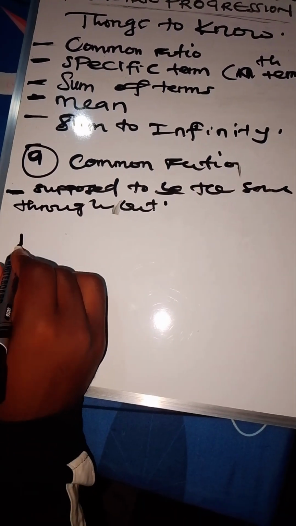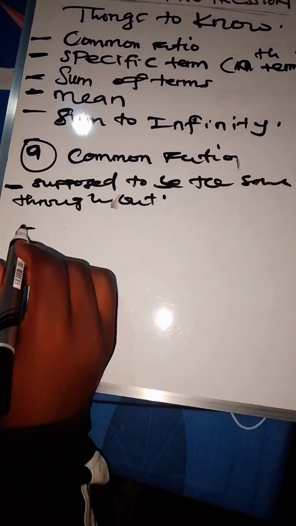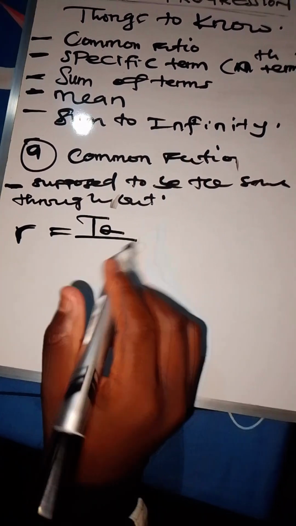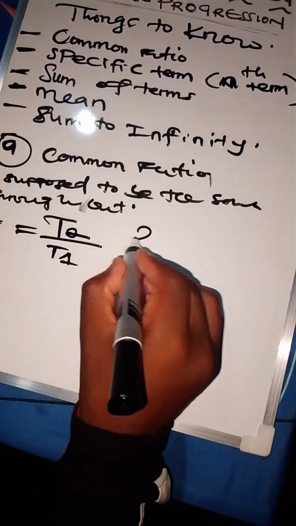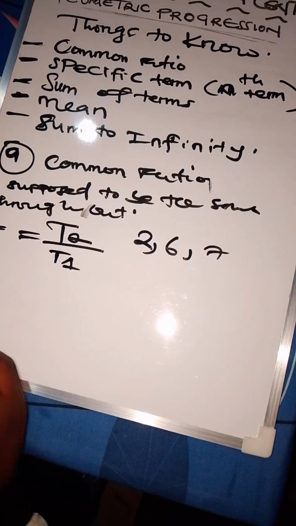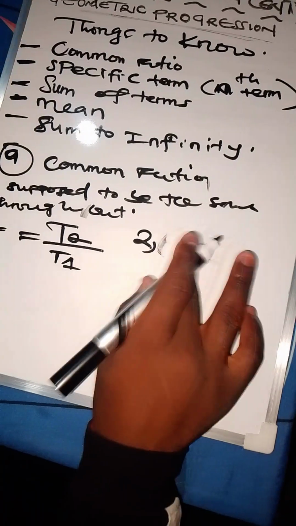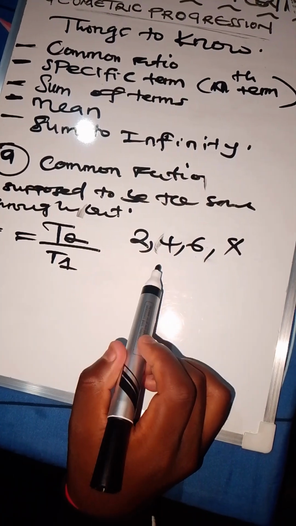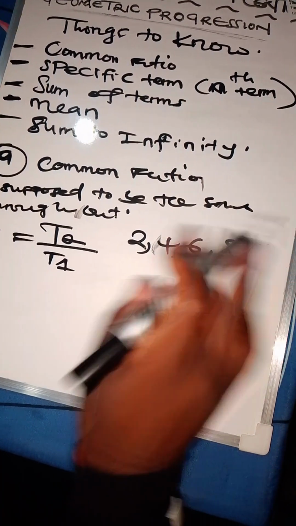The common ratio, denoted as small letter r, is equal to the second term divided by the first term. So let us say you've got numbers, 2, 4, 6, 8, and you've been told to find the common ratio.